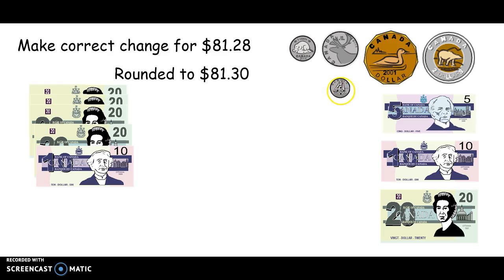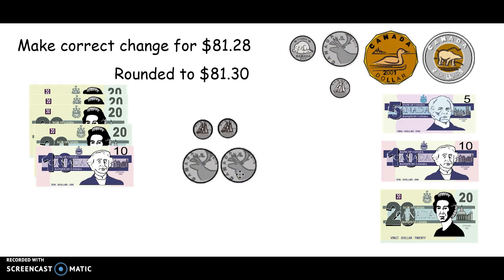So first of all, 20 cents will get us to $81.50. 2 quarters will get us to an even $82.